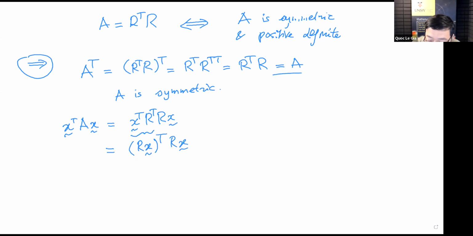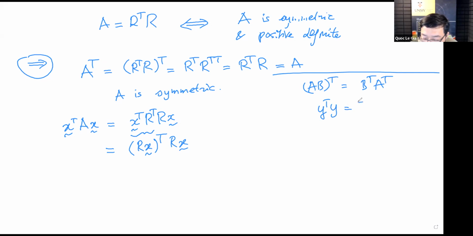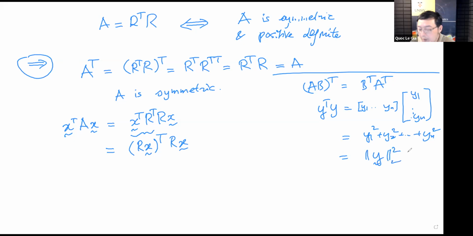Remember there's an identity here: for two matrices A and B, when you transpose the product, it becomes B transpose, A transpose. This is an identity I use. Another identity: if you have Y transpose Y, with Y1, Y2 up to YN on each side, then this is just Y1 squared plus Y2 squared up to YN squared, which is just the two norm of the vector Y squared.